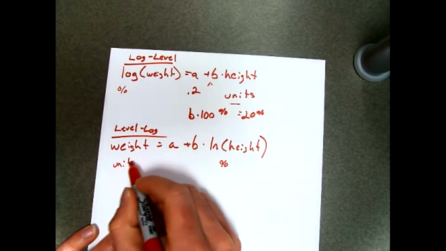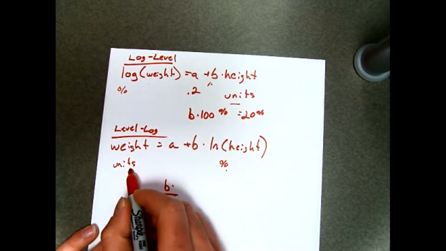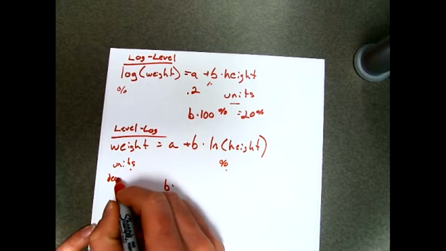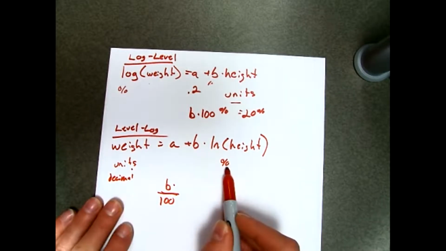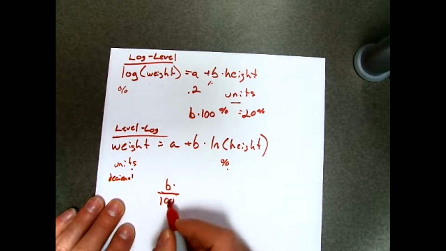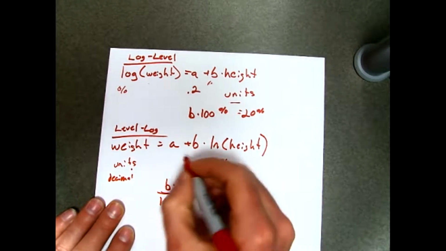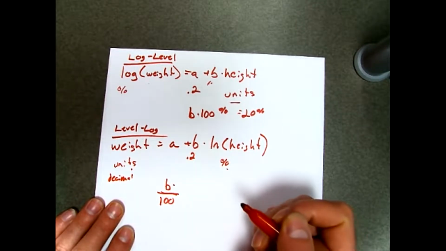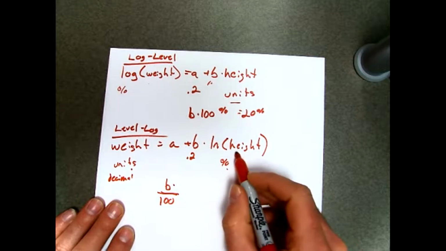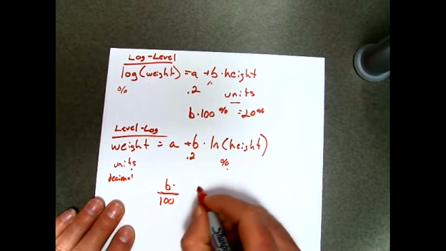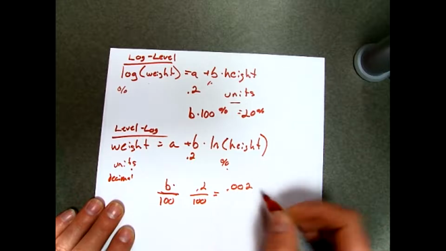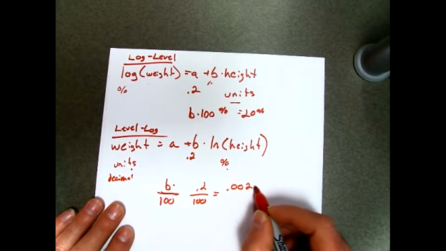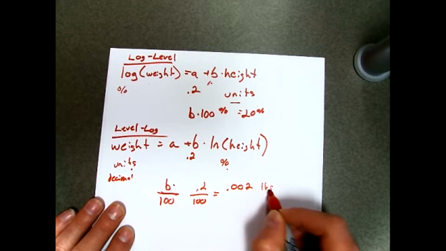So I'm wanting to go from percentages to units, or percentages to decimal form, if that makes it easy to remember. Well, if I'm going from percent to a decimal, I need to divide by 100, right? So if I had 0.2 here, that would be, for every 1% increase in height, I would expect weight to go up by 0.002 pounds, right?